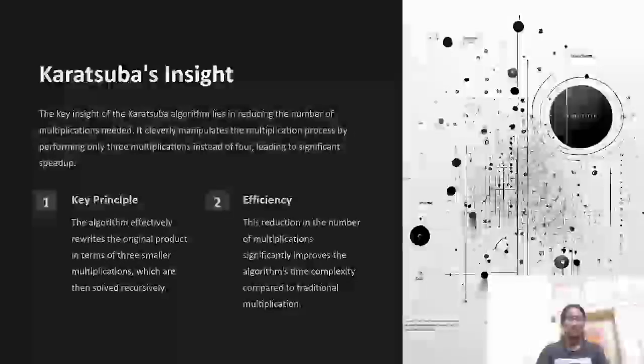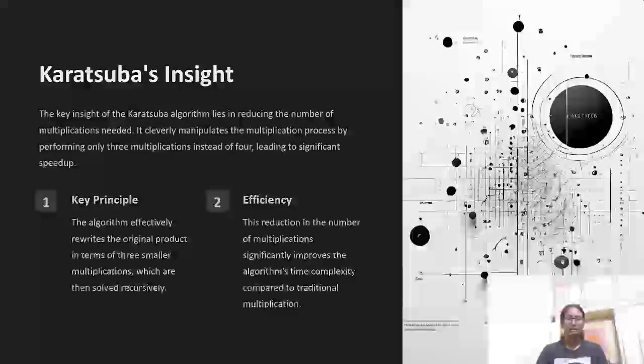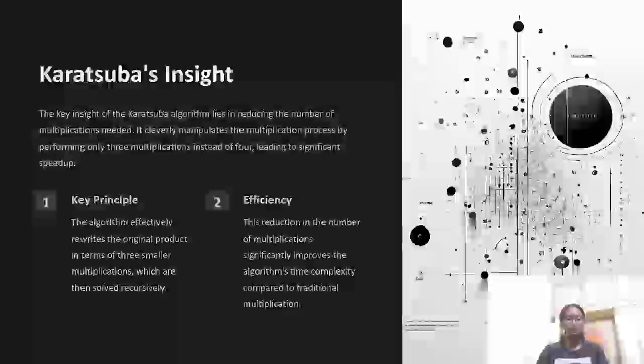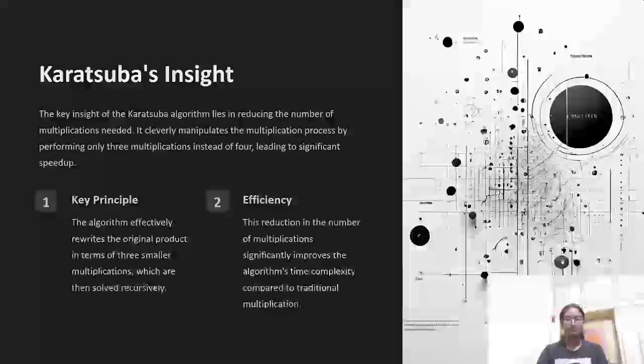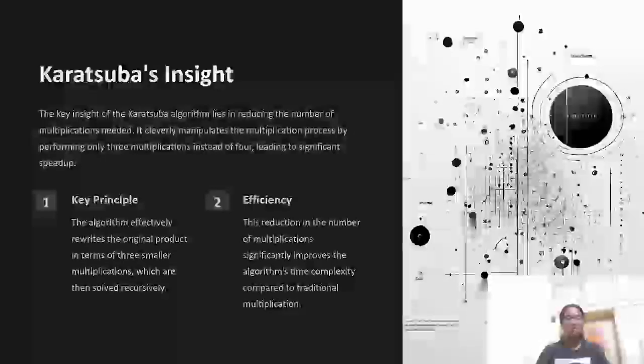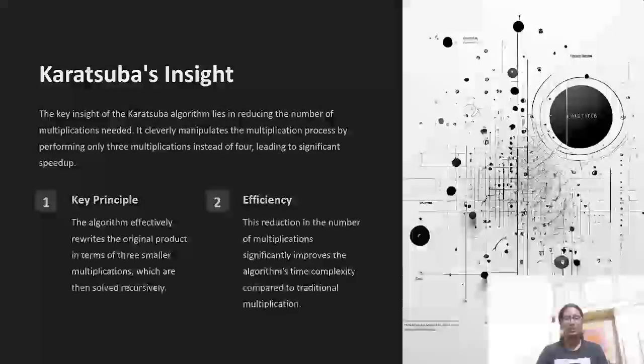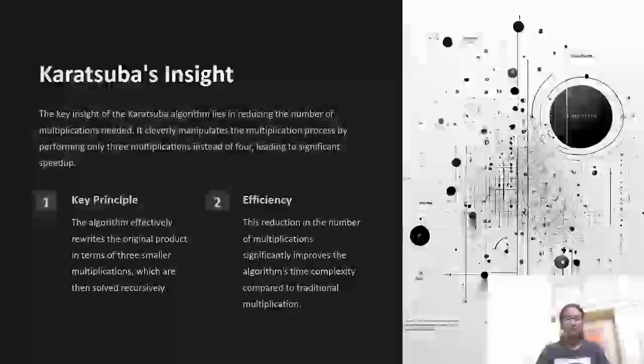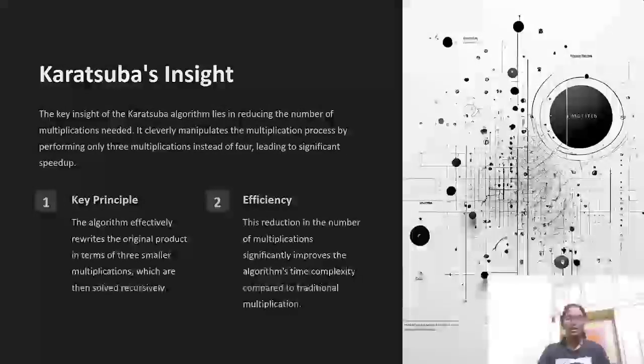Karatsuba's insight. The key insight of the Karatsuba algorithm lies in reducing the number of multiplications needed. It cleverly manipulates the multiplication process by performing only 3 multiplications instead of 4, leading to significant speedup. Key principle.